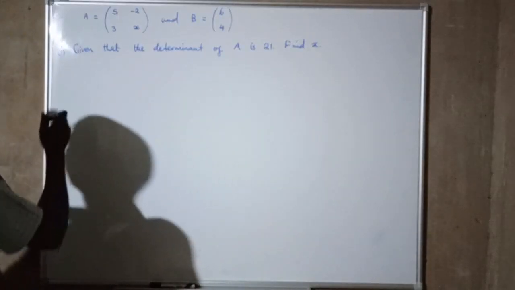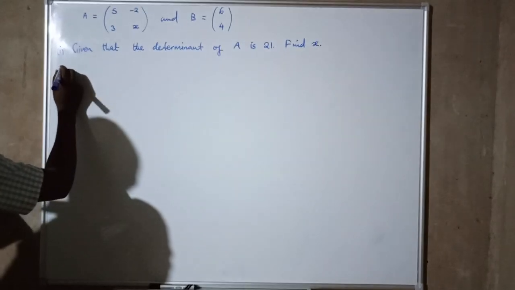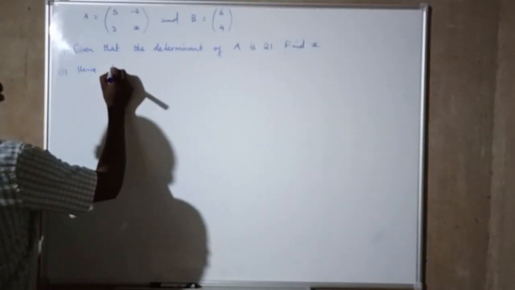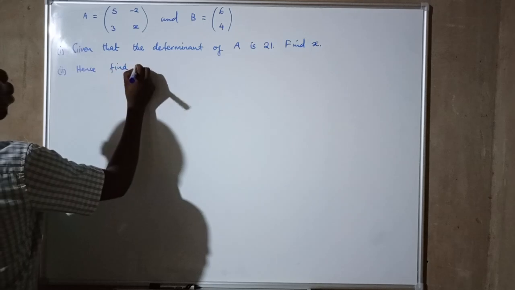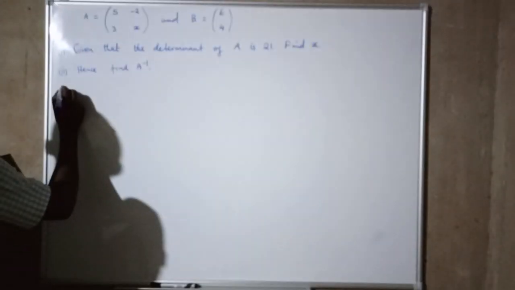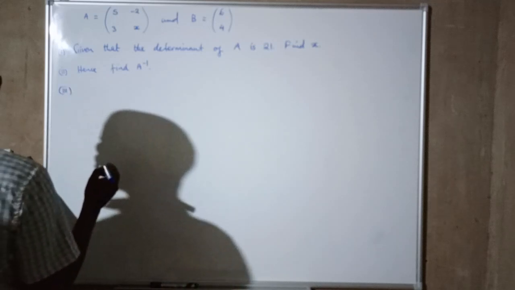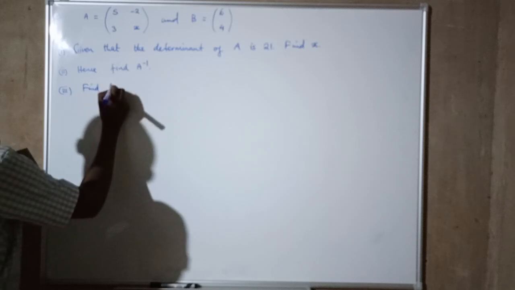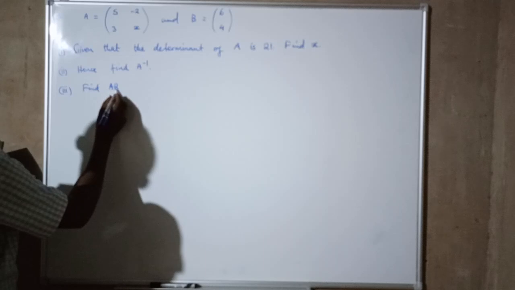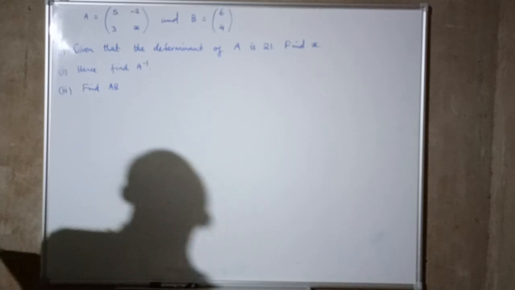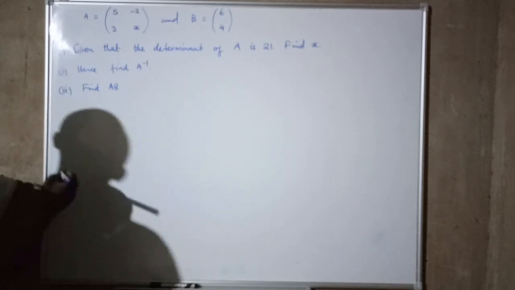Then part 2 the same, hence find the inverse of matrix M. Then 3 the same, find A, B. It means matrix A times B. Matrix A times C, that matrix A, B. So let's see how we can do these solutions.